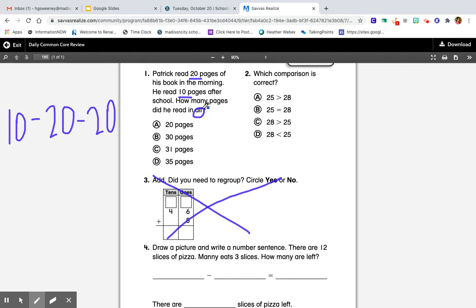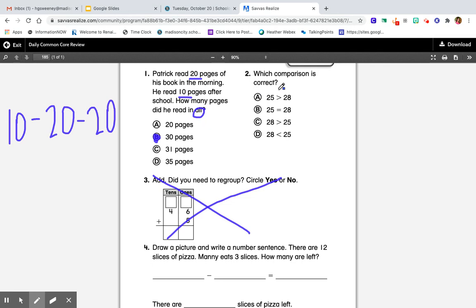So that's adding. If we know he starts with 20 and he reads 10 more, we can skip count. 20, 30. So we know if we skip count by tens, 20 skipped 10 is 30. So he read 30 pages in all.